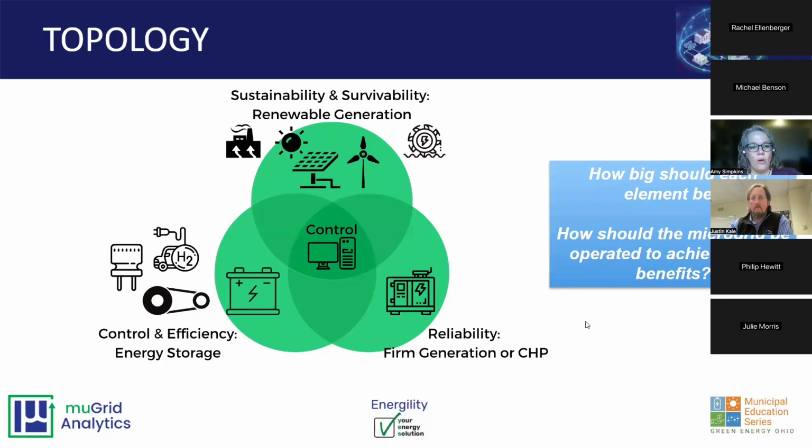And so the whole is greater than the sum of the parts, and now that we have multiple assets, we've introduced complexity to the system. And how do you manage complexity? You manage it with intelligent control. And that's the piece in the middle that ties it all together.